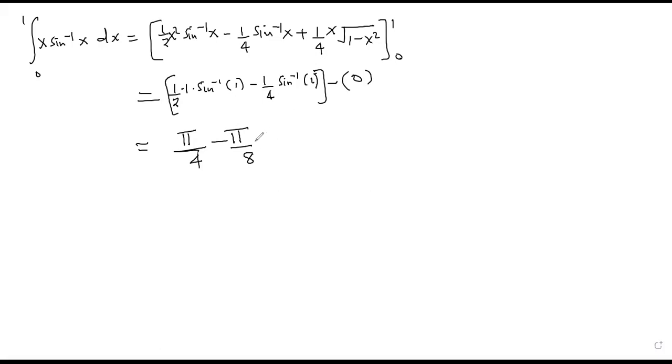All right, so that is 2 minus pi, which is going to give us pi over 8. As simple as that. So that's what we can manage getting.